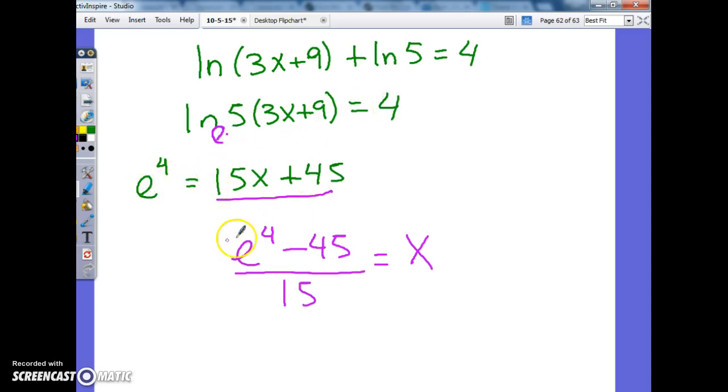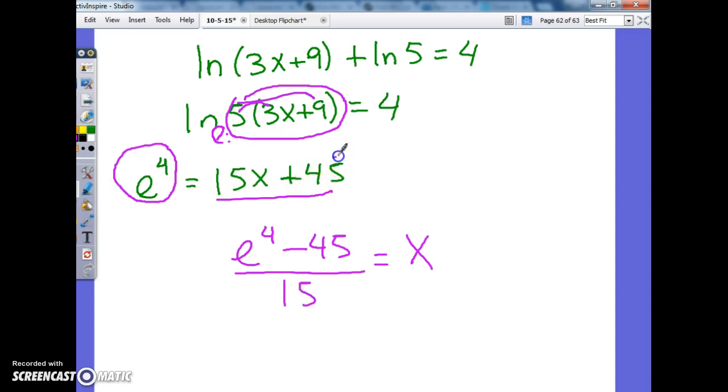Notice e is not a variable. It's a constant, like pi. So that's a number, and we just want to solve for x.